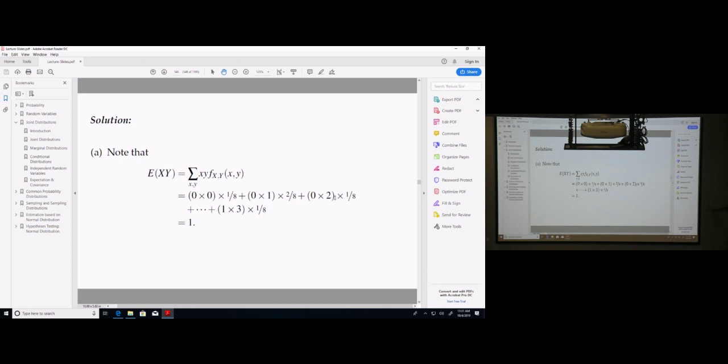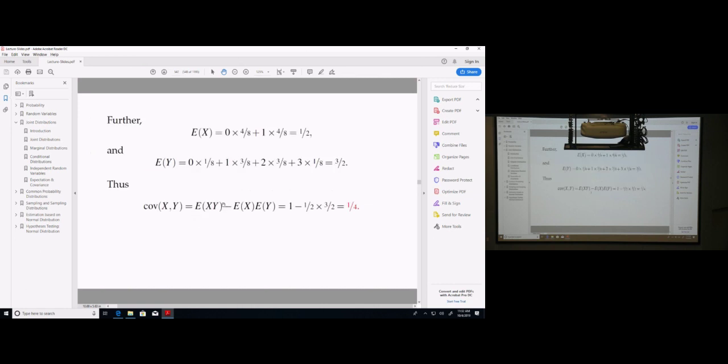If you have a table, nowadays if you key everything in Excel, Excel can do a very good job for you rather than doing it by hand, because it is very prone to mistakes. So this is equal to 1. And then when you work this out, this is a half, this is 3 halves. As a result, this covariance is 1/4.